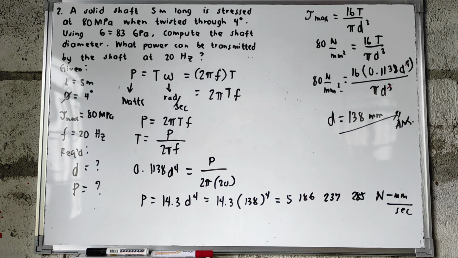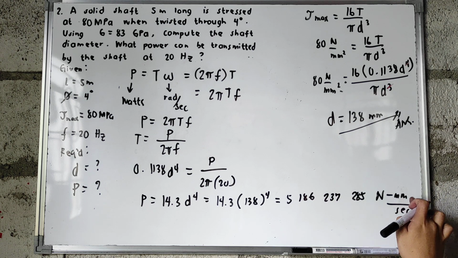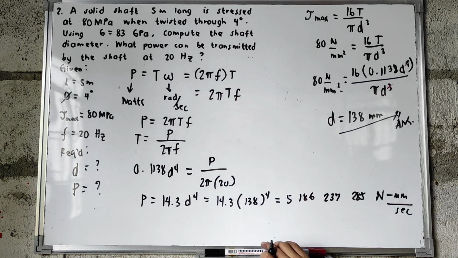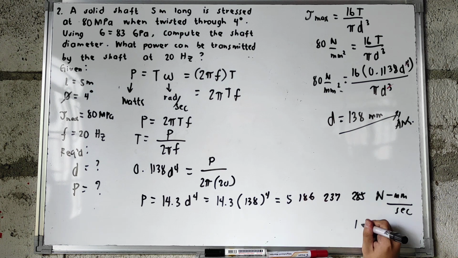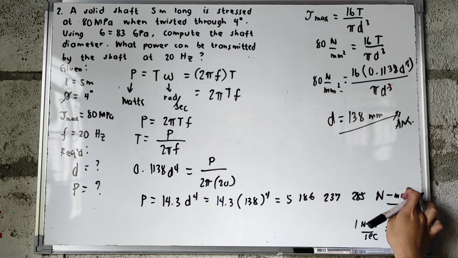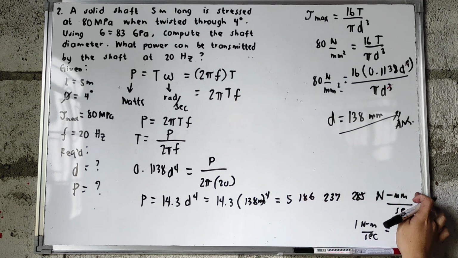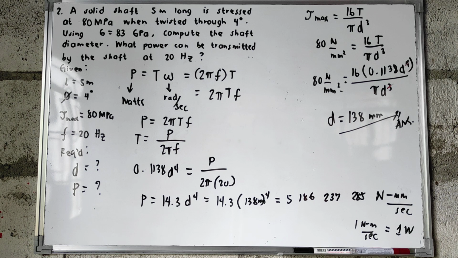To convert it into watts, we divide by 1,000 to make it Newton meter per second, because 1 Newton meter per second is equivalent to 1 watt. The mm is converted into meter, so 1 Newton meter per second equals 1 watt.